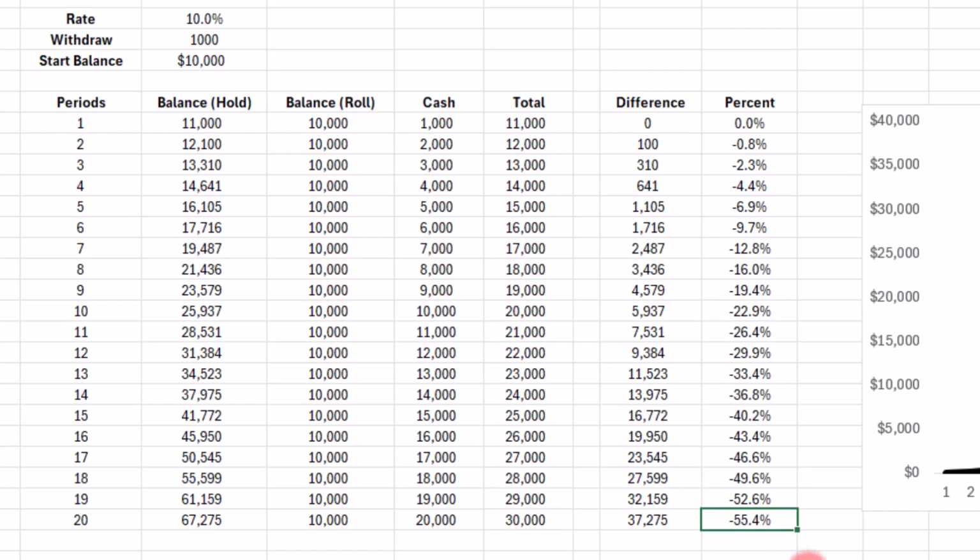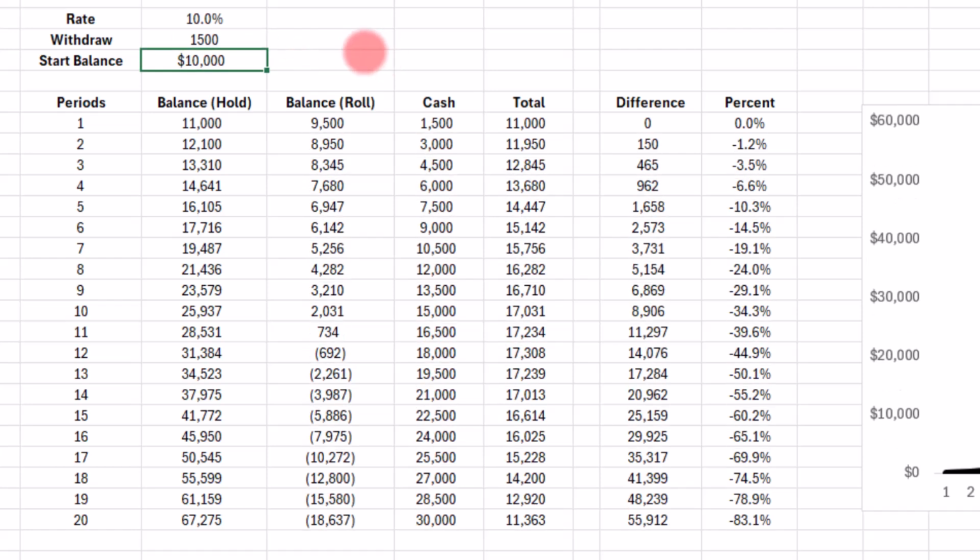Now, what happens if you're peeling off more money or rolling for more cash than what you're generating? So let's say you're earning 10% on a $10,000 investment, but you're selling off $1,500 worth. So each year, this $10,000 is making $1,000, but you're taking $1,500 off the table. All right, so yes, it is true that you can get your cash off the table sooner.